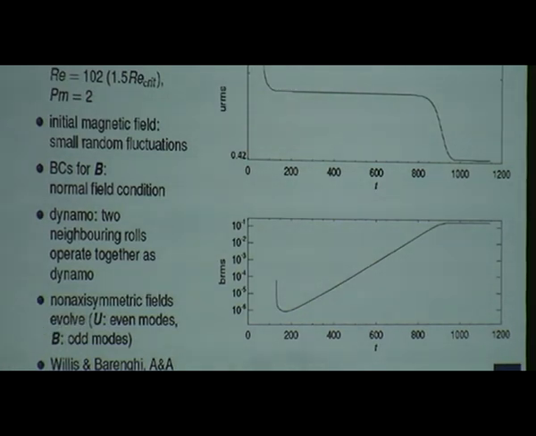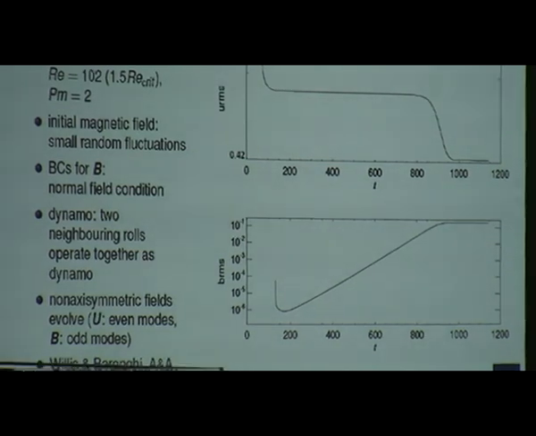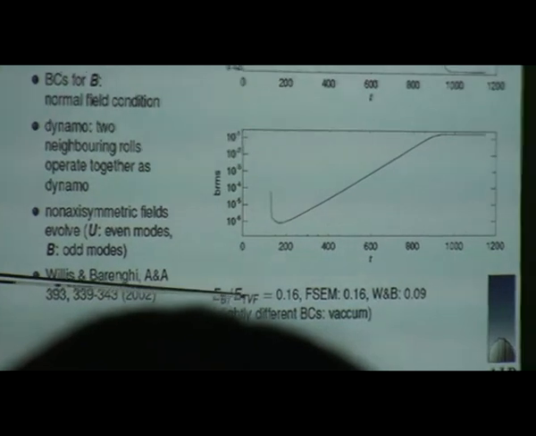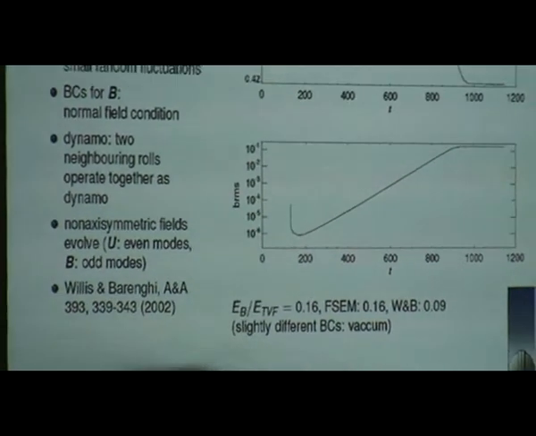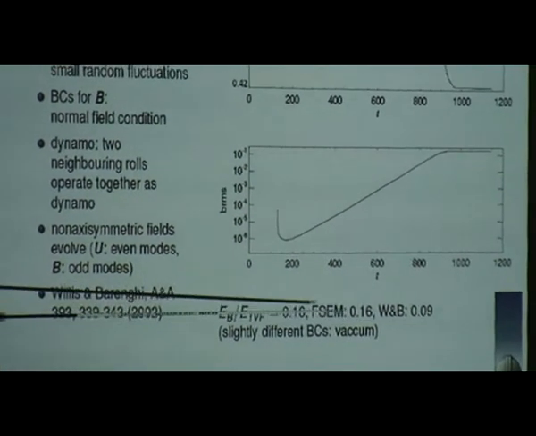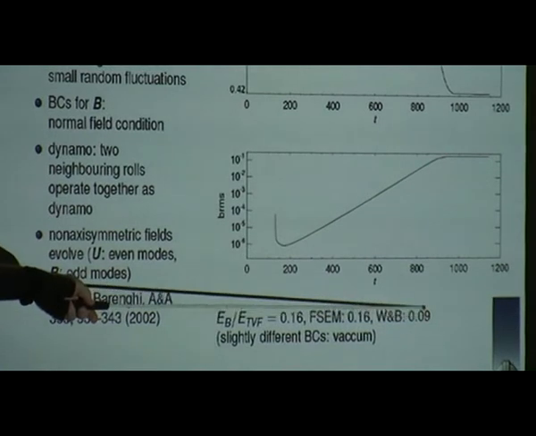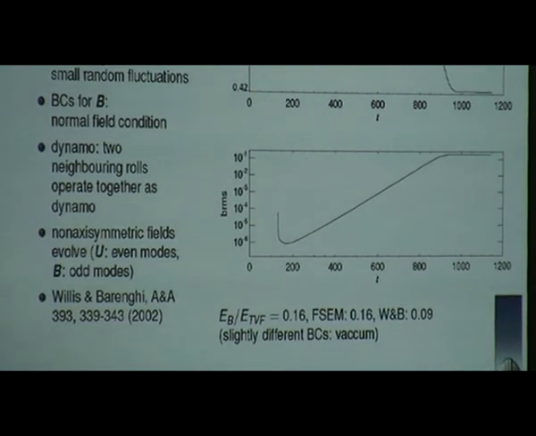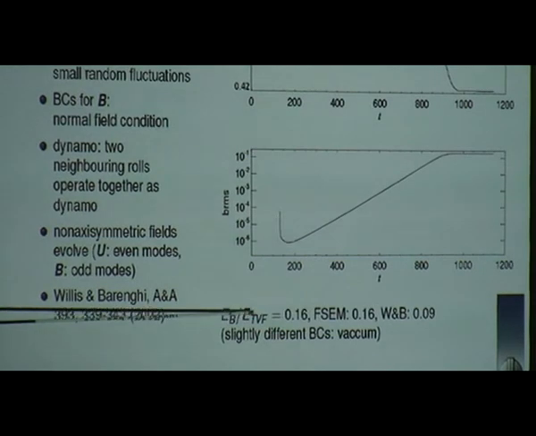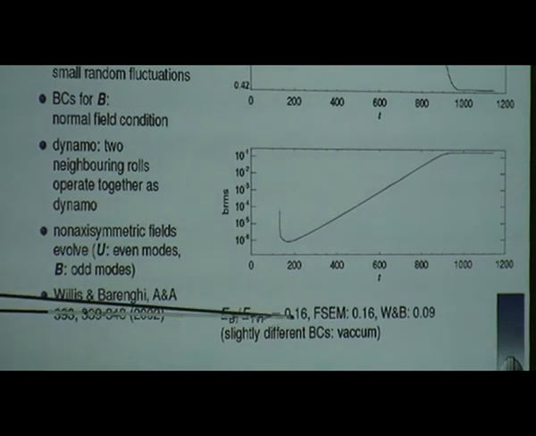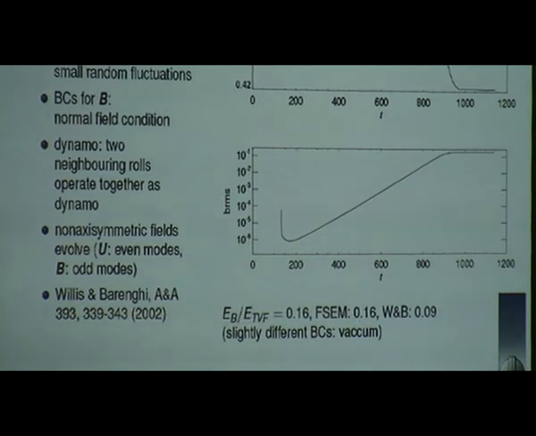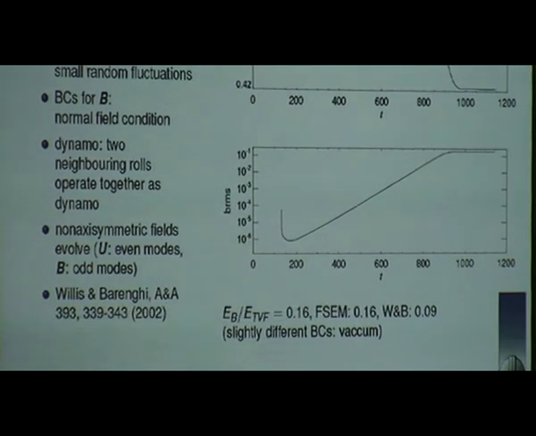And if one compares the energy of the largest part of the magnetic field with respect to the energy of the Taylor-Couette flow, then Willis and Barenghi find that the magnetic field energy is of the order of 0.09 of the Taylor-Couette flow. My one with pencil showed 0.16, and the same with the spectral element code was also 0.16.